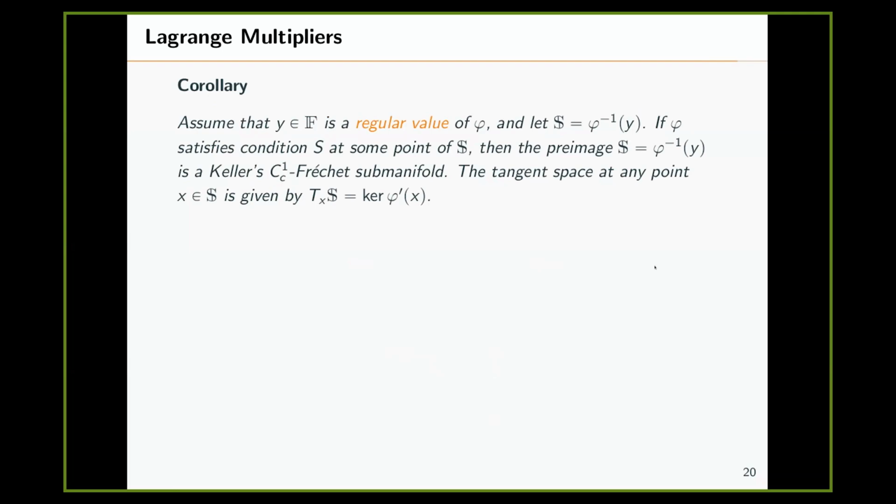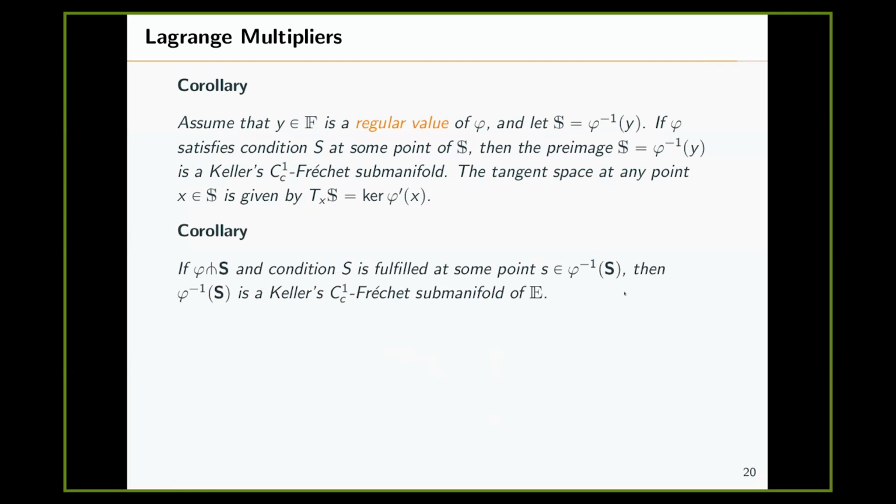And we even have a more general result: if we have a submanifold in the target space and the function is transversal to it at some point of the pre-image, and that condition is satisfied, then the pre-image is also a well-behaved submanifold. These two results in general are not true for Fréchet spaces.